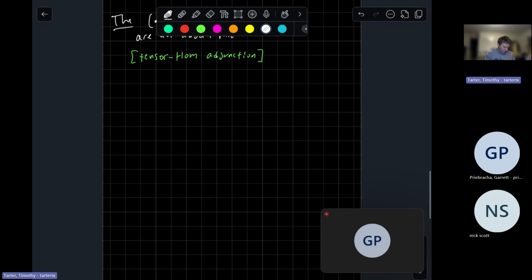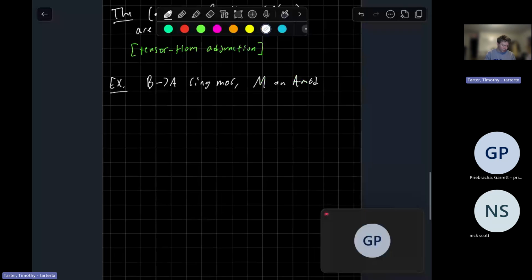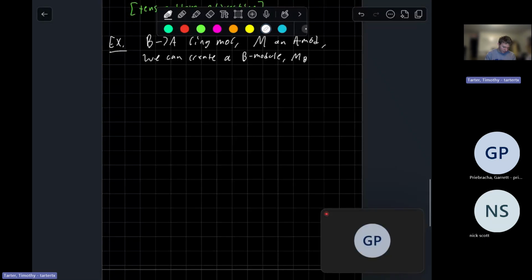So if B to A is given by some ring morphism, and if M is an A module, then we can create a B module, MB.